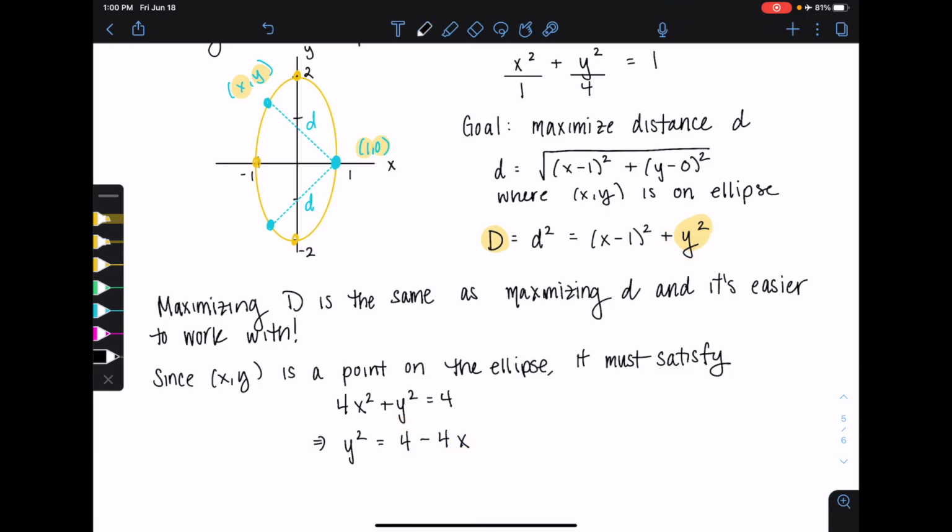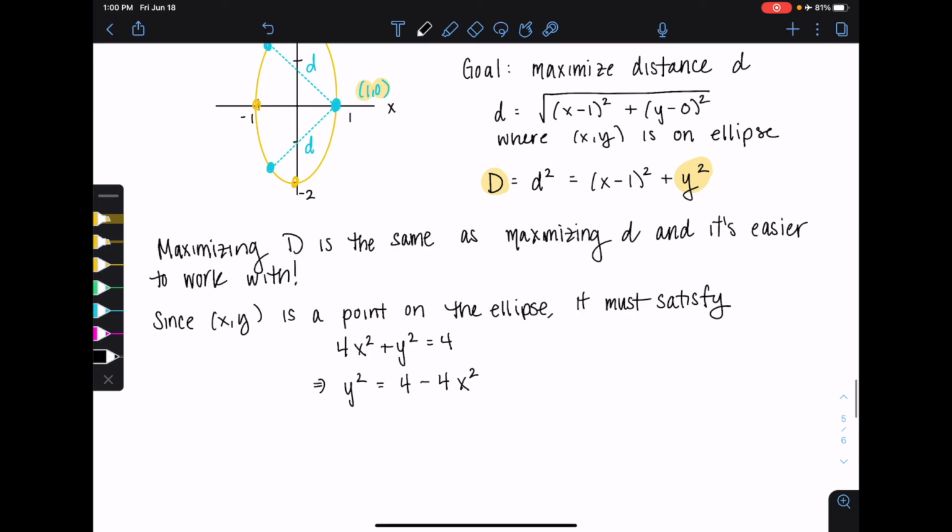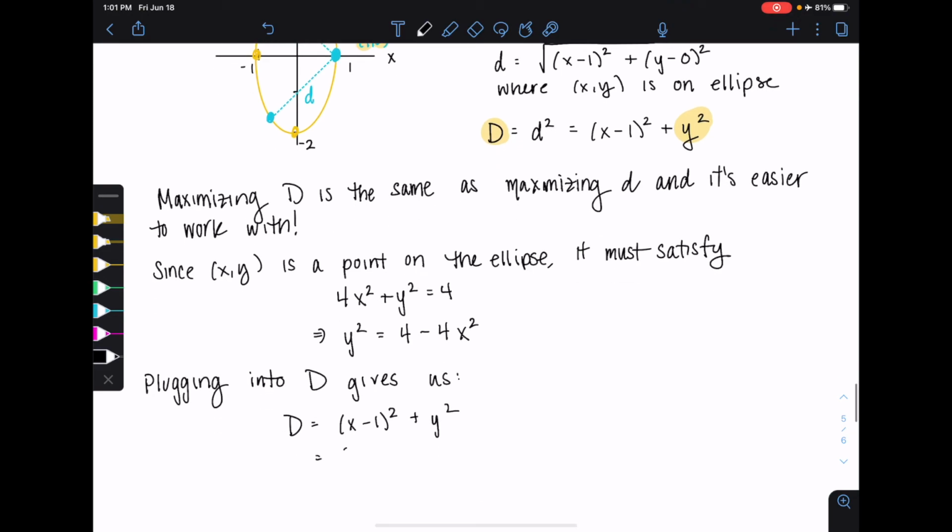Okay. So plugging this into D gives us the distance squared is (x minus 1) squared plus y squared. But y squared we just figured out must equal 4 minus 4x squared.